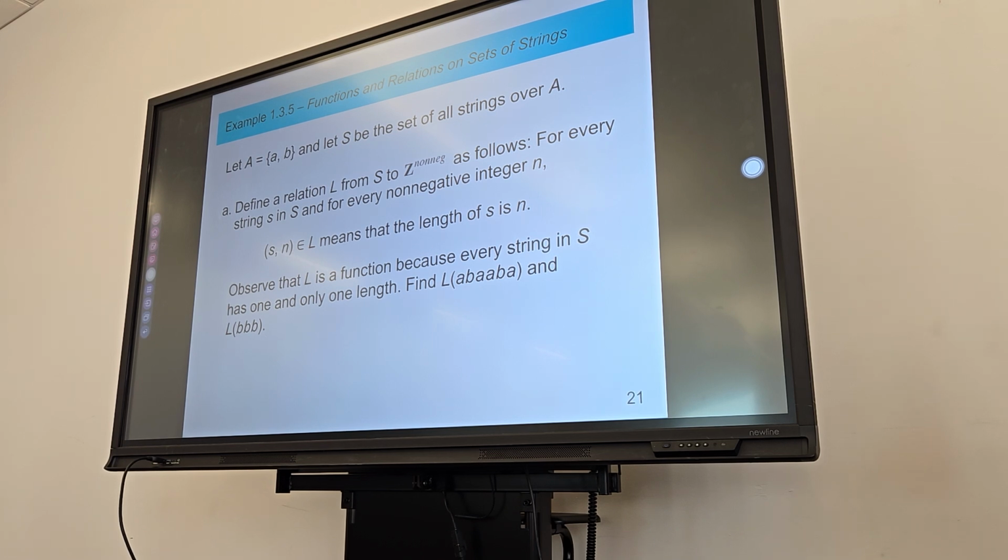Observe that L is a function because every string in S has one and only one length. It could be 0 length, it could be 1, 2, whatever. But every string has a length, so it is a function. And it has only one length. So L of a b a a b a would be 6. L of b b b would be 3.